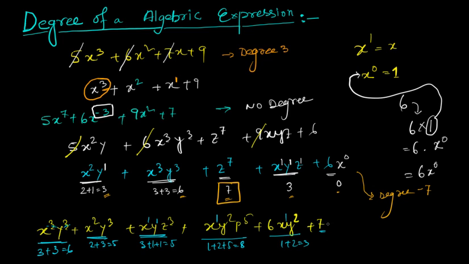And here it's 0. So obviously 8 is the largest number, and the answer will be 8. The degree of this polynomial is 8. Remember, in order to find the degree of an algebraic expression, we must always remember that the expression should not have any negative power or fraction in it.